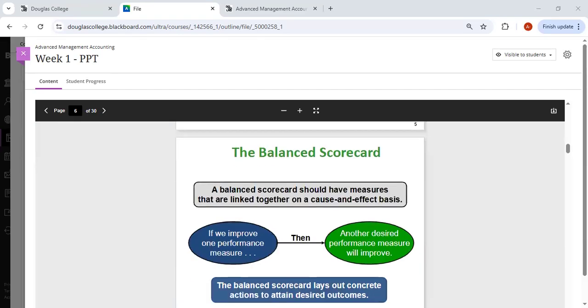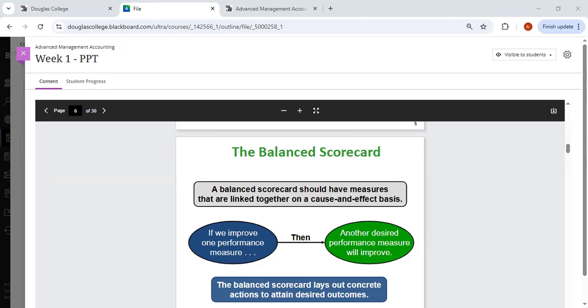Because what we're doing is for the company's interest. Don't forget that. Now, the balance scorecard has to have measures that are directly linked on a cause and effect basis. If I do this, what's going to happen? If I do that, what's going to happen? If I improve this, what's going to happen? If I learn this, how can I use whatever I learn to improve my internal process? If I improve that internal process, how is this going to affect my customers?